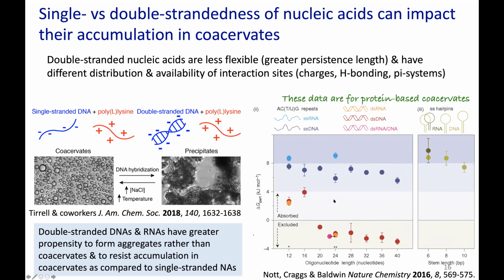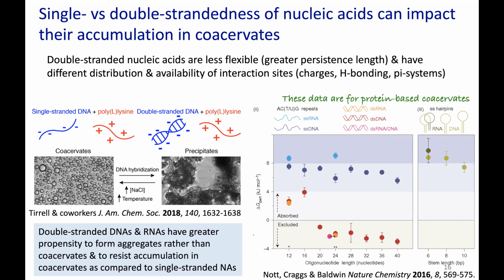The short double-stranded ones go in, not as well as the single-stranded. The longer double-stranded ones are excluded from the droplets, so the concentration inside is lower than the concentration outside, whereas the concentration inside of the single-stranded is much higher. Interestingly, double-stranded short things like these hairpins were able to get in just fine.